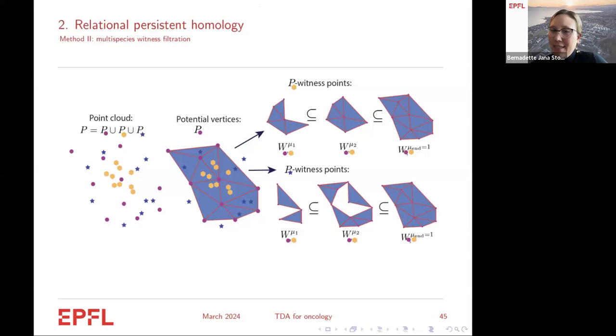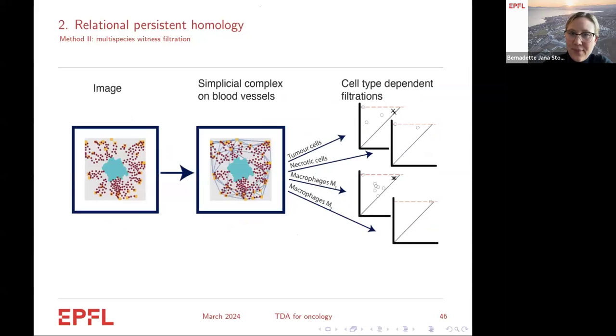So now if we take distances between the persistence diagrams of these filtrations, these will really highlight different spatial distributions of the witness points. In our example, we choose the blood vessels as being our reference points, so those are the ones that we build the Delaunay triangulation on.